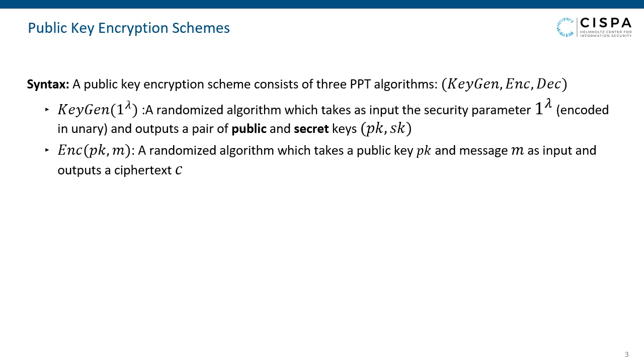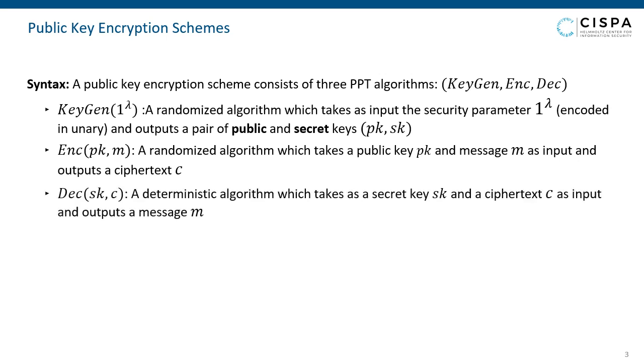The encryption algorithm, Enc, takes as input a public key PK and a message M and outputs a ciphertext C. Of course, we allow Enc to be a randomized algorithm as well. We'll discuss this later in more detail.